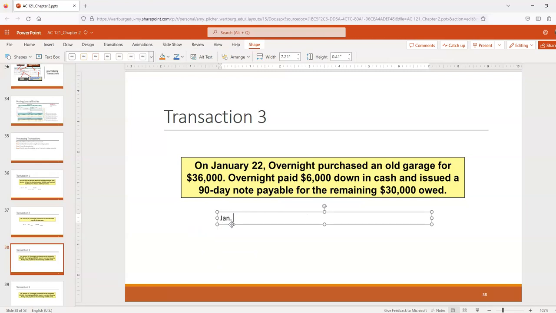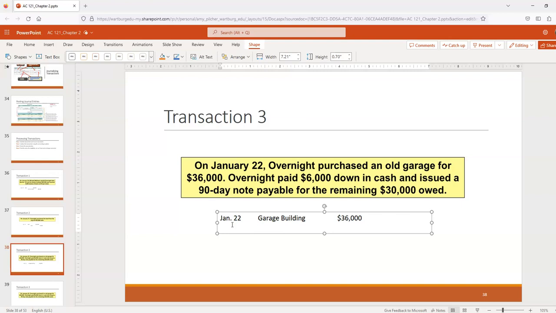So we have the date is January 22nd. The debit is the building that we bought for $36,000. Now on this transaction, we have 2 credit accounts.